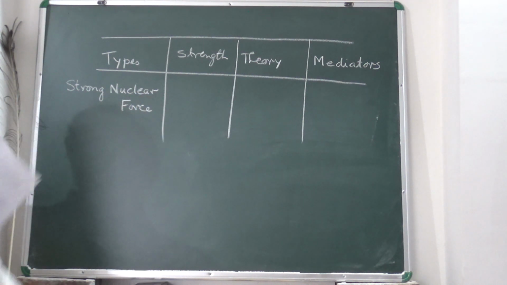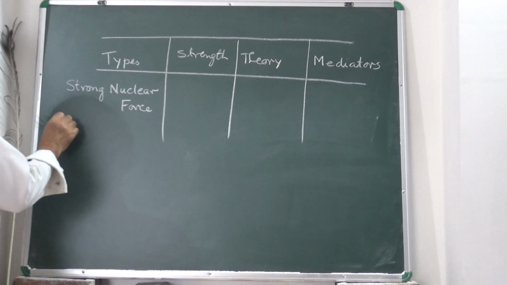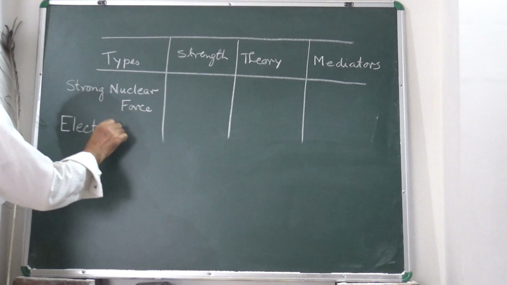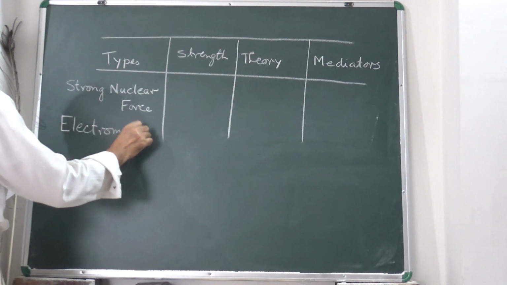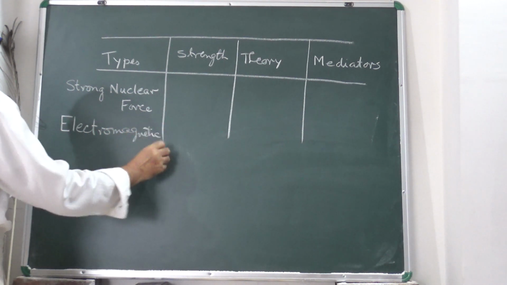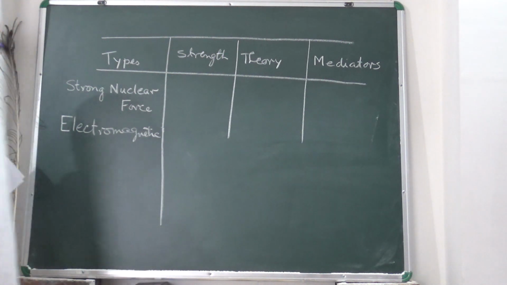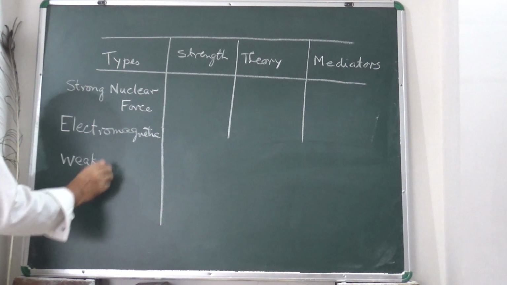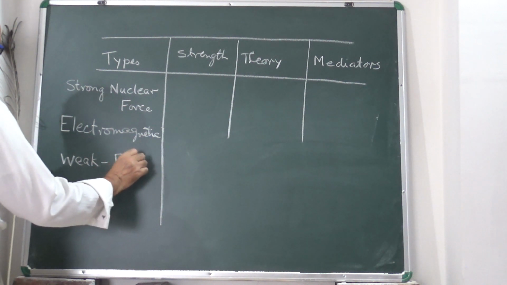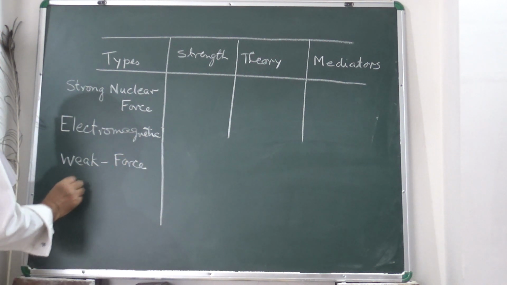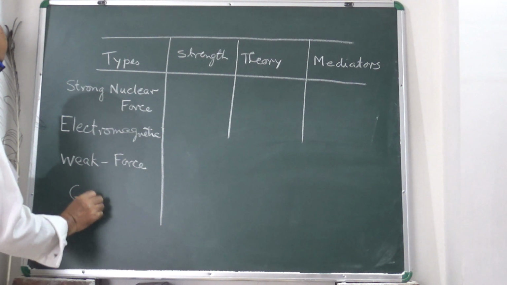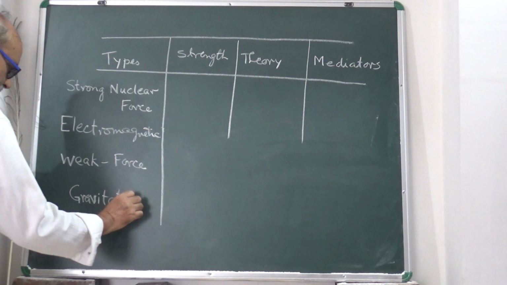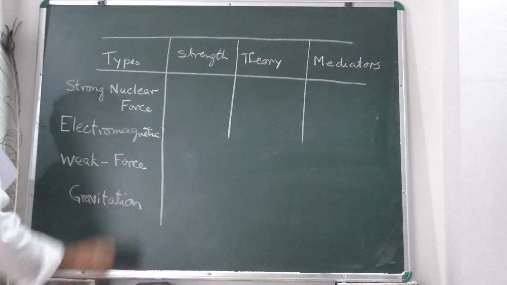Then the next force in strength is electromagnetic, and then we have the weak force, which is also inside the nucleus, the weak nuclear force, and the last one is the gravitational force.